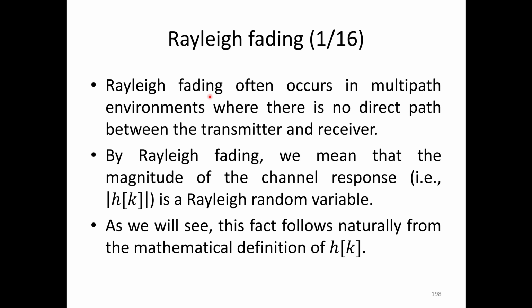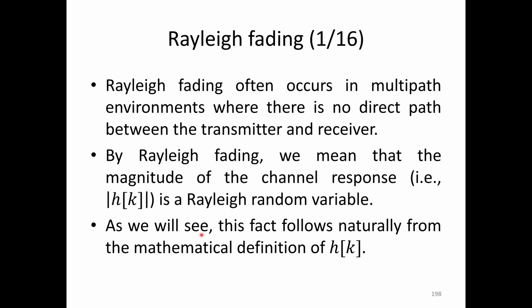Rayleigh fading often occurs in multi-path environments where there is no direct path between the transmitter and the receiver. By Rayleigh fading, we mean that the magnitude of the channel response, that is, the absolute value of h of k, is a Rayleigh random variable.